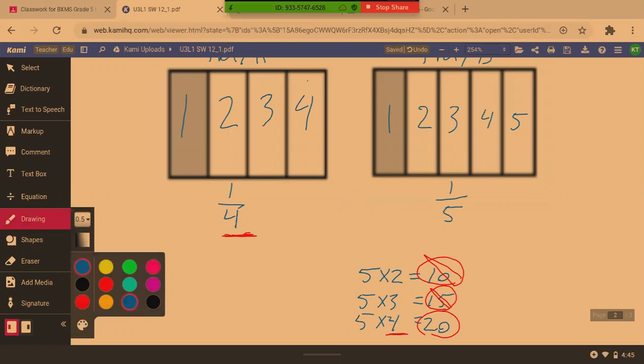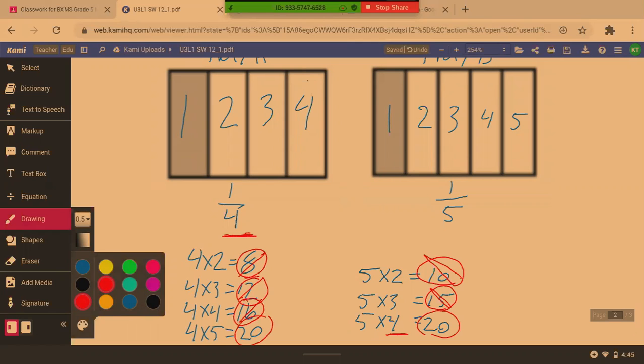Well, let's check the 4 multiplication chart. 4 times 2 equals 8. 4 times 3 equals 12. 4 times 4 equals 16. 4 times 5 equals 20. Does 5 go into 8 evenly? No. 12? No. 16?